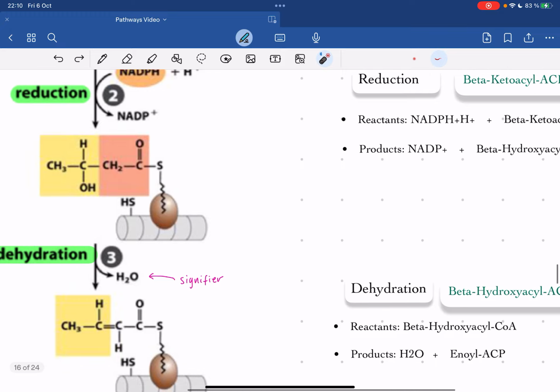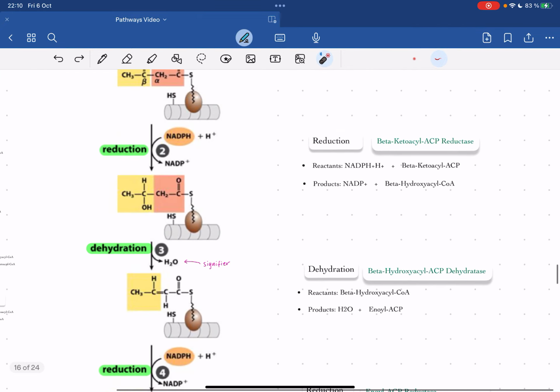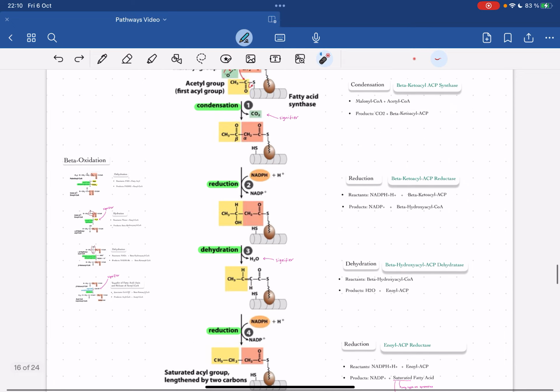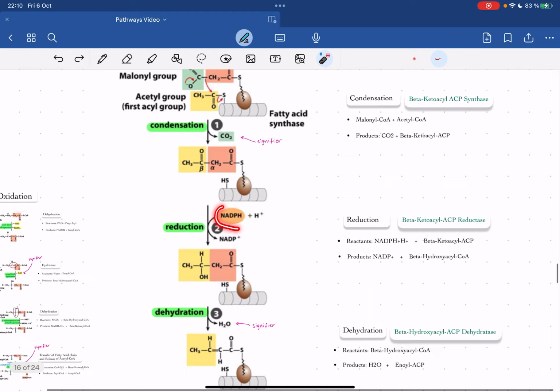Only here it would be beta-hydroxyacyl-CoA, also ACP, I would say. Okay, that's the reduction, and you can see here, as I said, it's NADPH plus H plus as a cofactor.